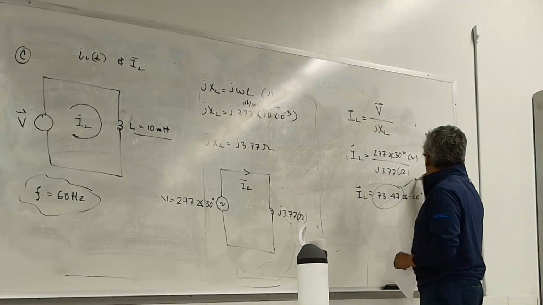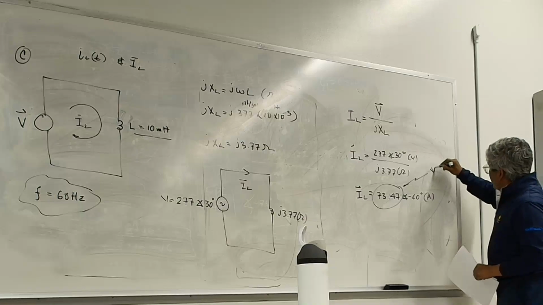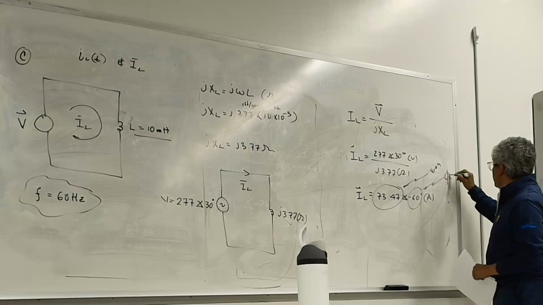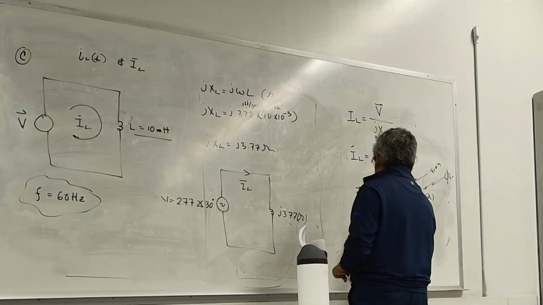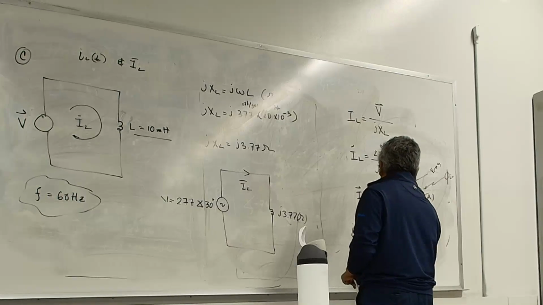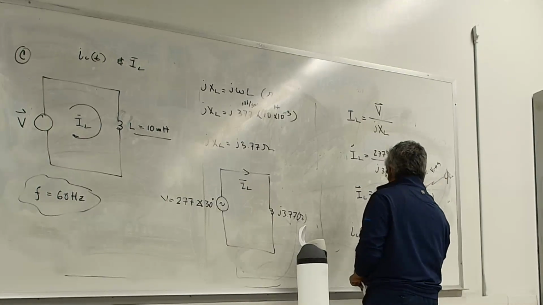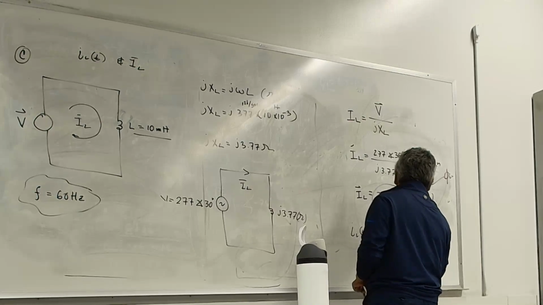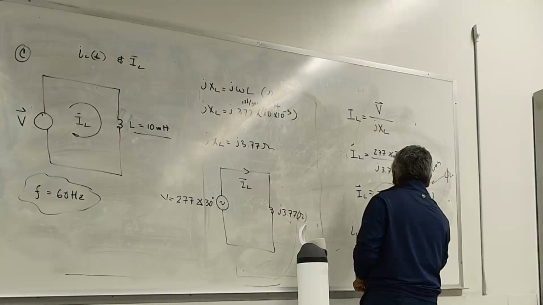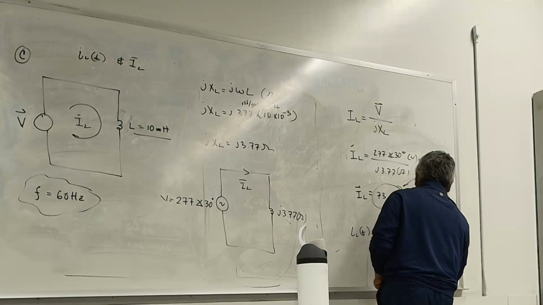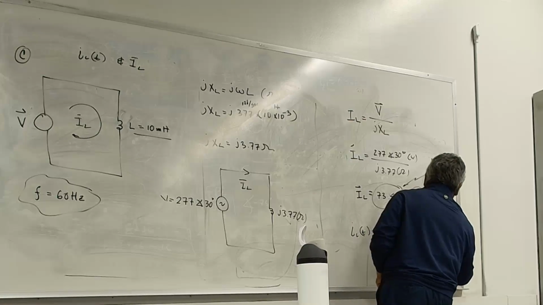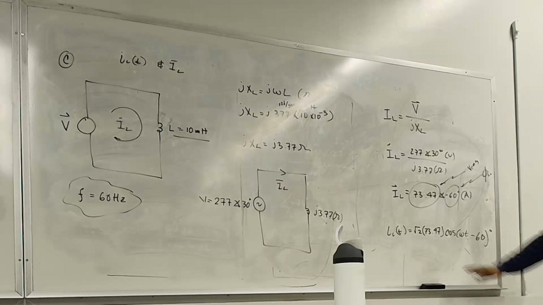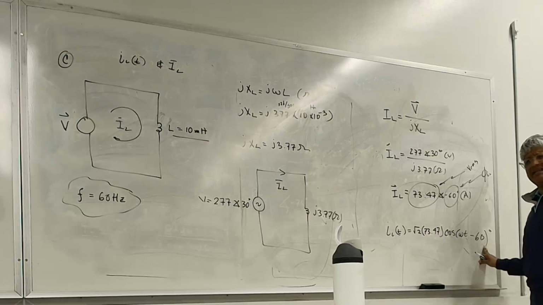Well, I can say iL of t is equal to square root of 2 times IRMS, 73.47, cosine omega t minus 60 degrees. Everybody agree with me?